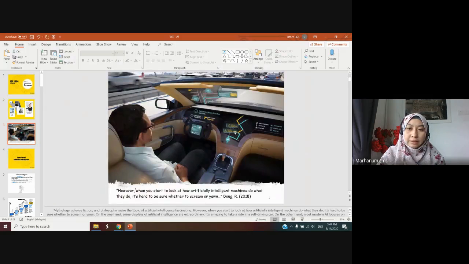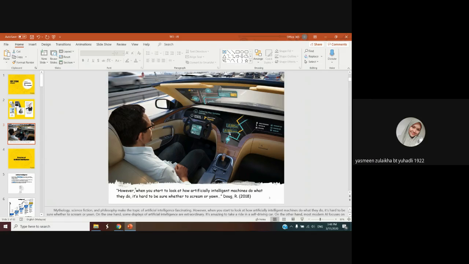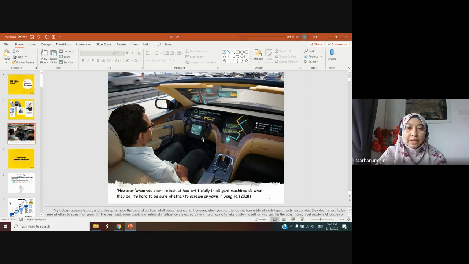Then this is also a kind of artificial intelligence, where the artificial intelligence is built into the car systems. They can drive on our behalf, and then we communicate with them. Like Apple, they have Siri, isn't it? Google also, we can ask Google.